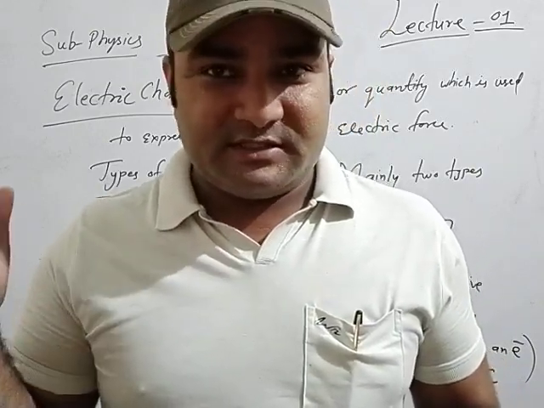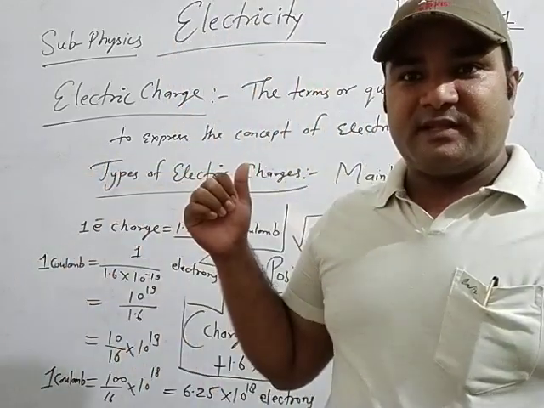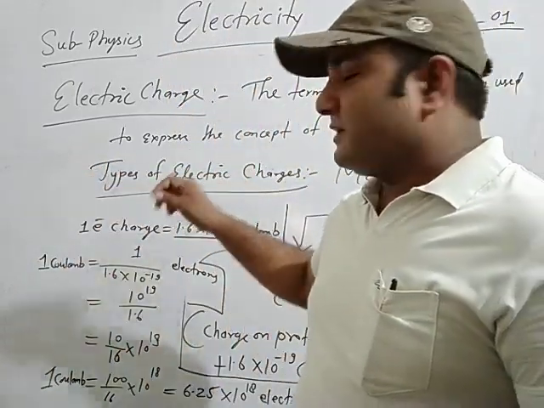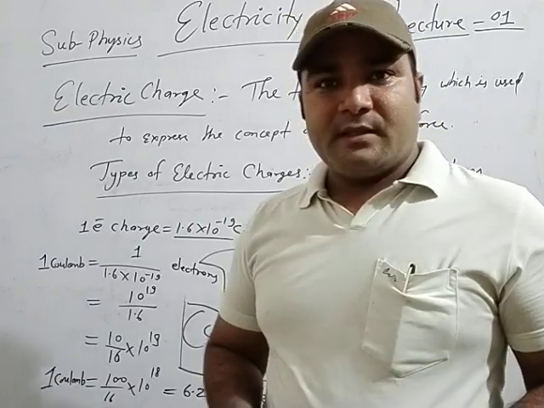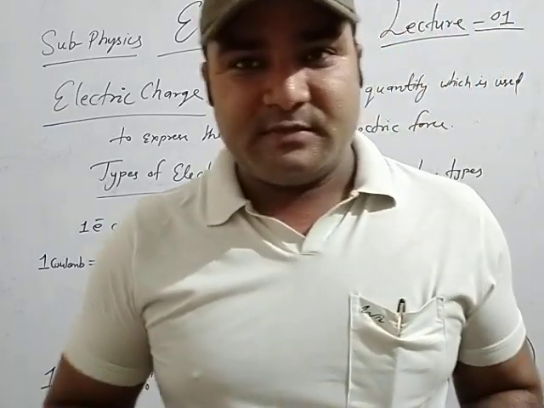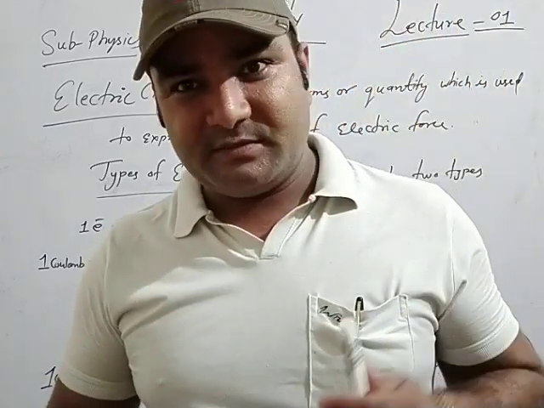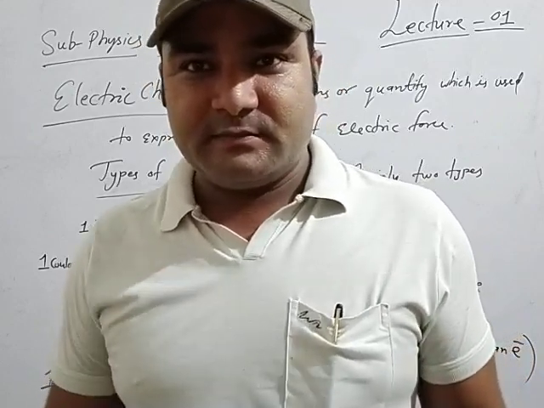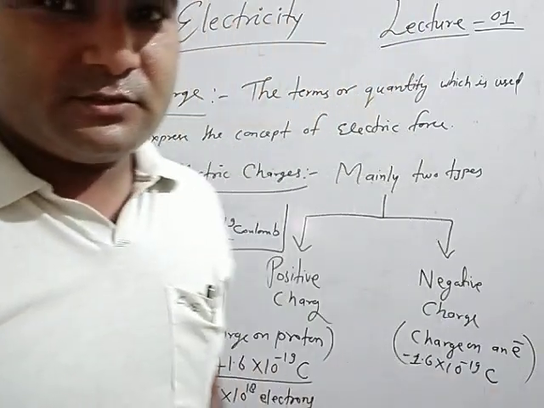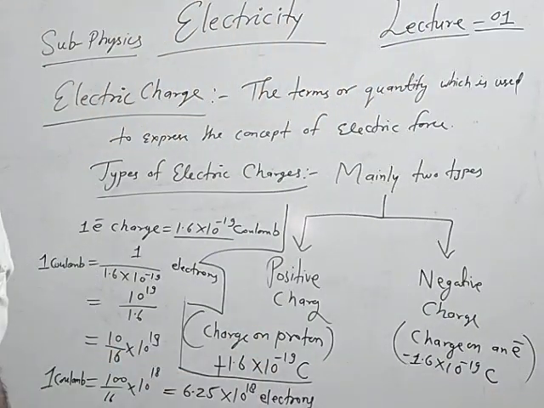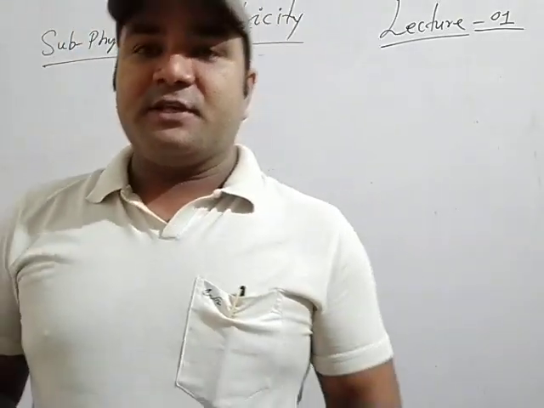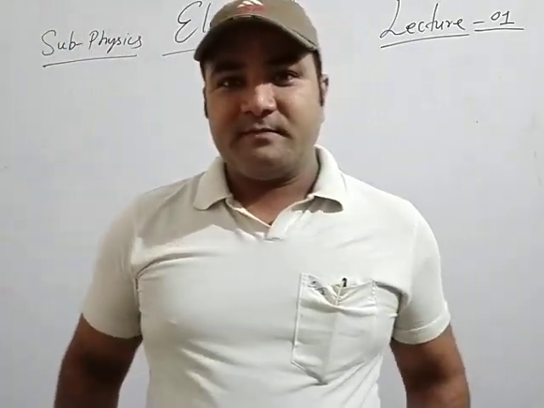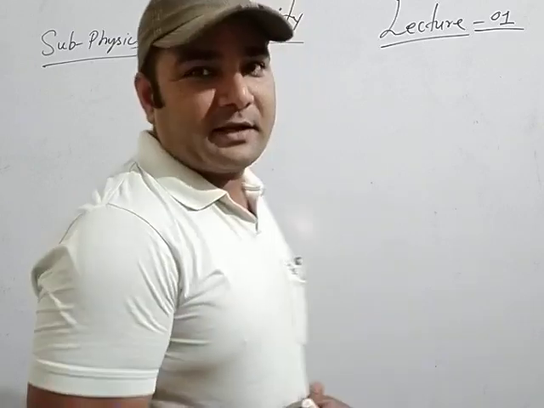After the concept of electric charge and the types of electric charges, the very important concept, the starting concept of this chapter, is electric current. So just note down all these terms. After the concept of electric charge, the next concept is electric current.